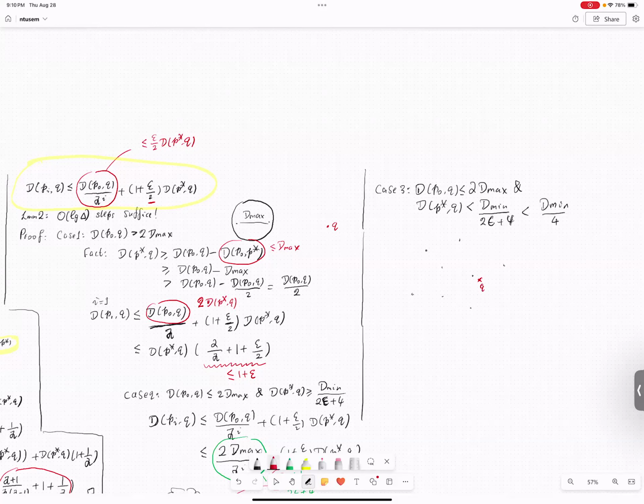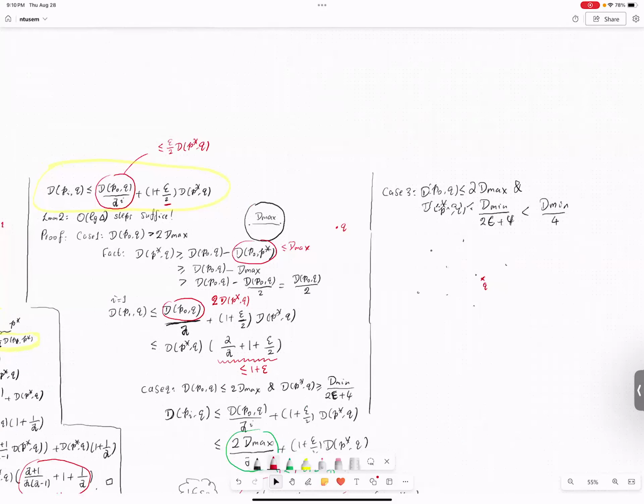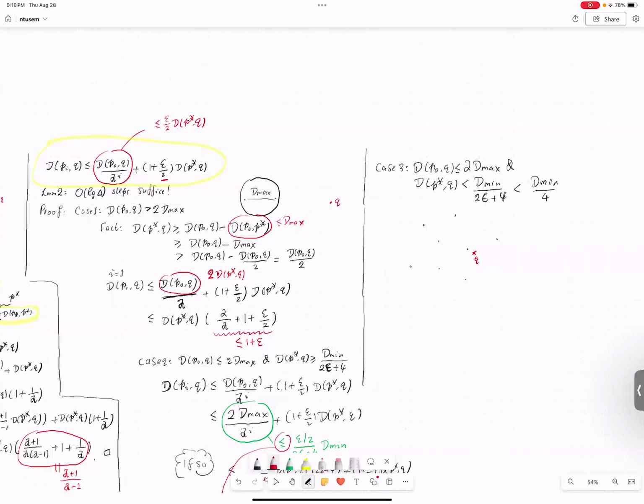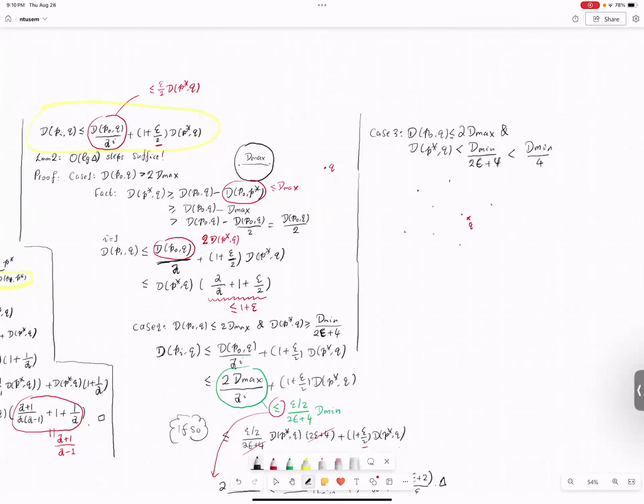You see what I'm saying? The current point is very close to its nearest neighbor compared to all other points. So in this case, I will prove to you that not only will this ANN be able to find you a returnable answer, but even better, it's able to find you the exact nearest neighbor. Let's see why this is the case.